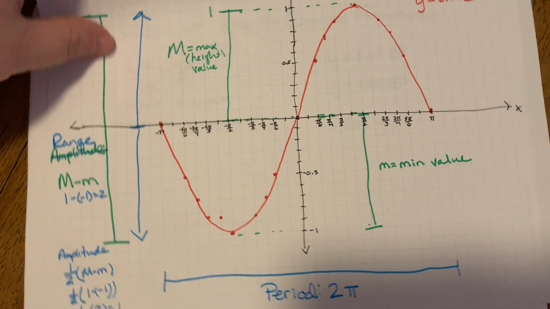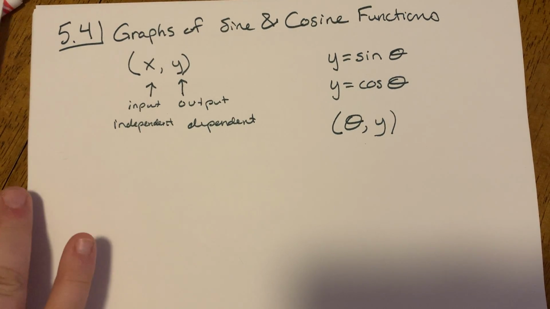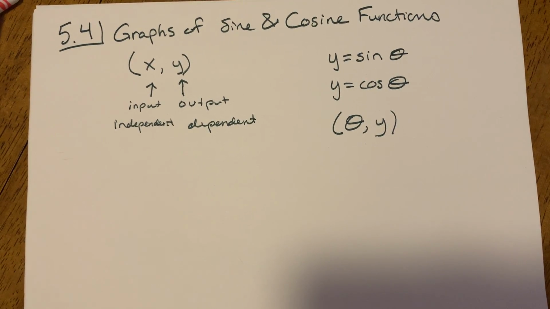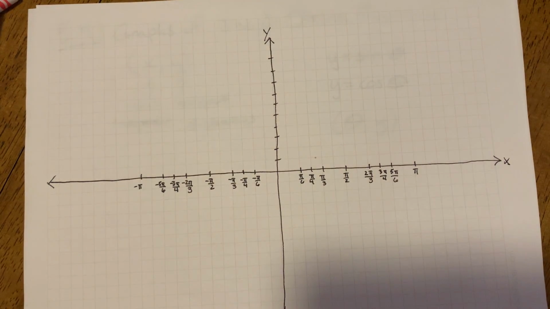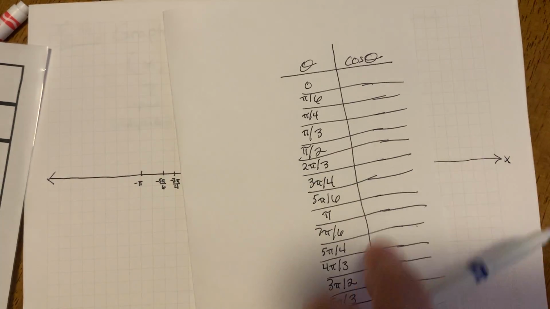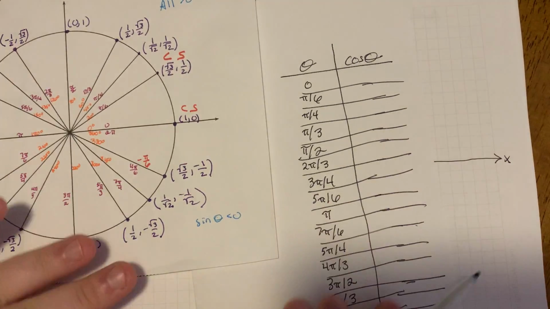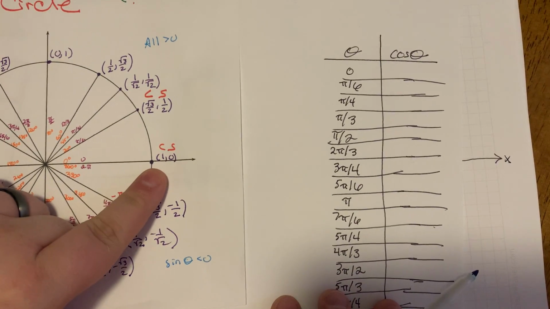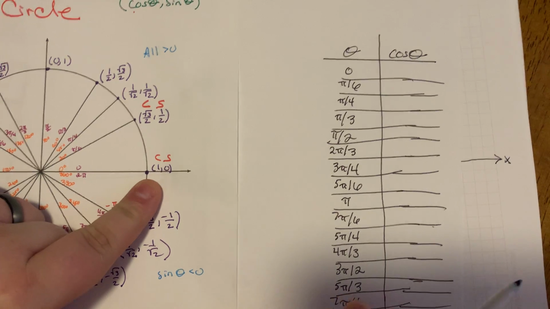But let's go ahead and graph our cosine function by hand. I'll get my table back and our unit circle. And so now we're just going to read our x coordinates for our cosine values.